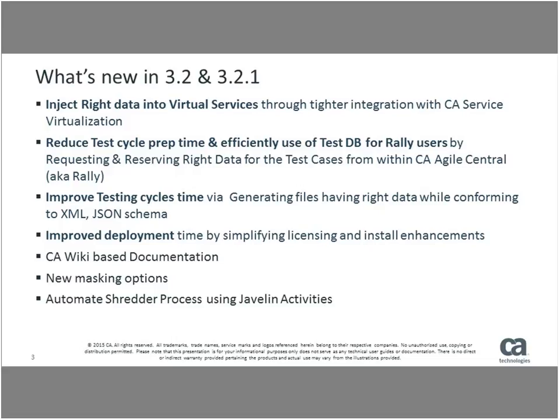Apart from this, in parallel, we continue to make improvements in terms of deployment, simplifying licensing, and also documentation. We consolidated all the documentation into CA's wiki-based documentation, as you've seen for service virtualization and other tool sets. And this just got GA as part of 3.21.